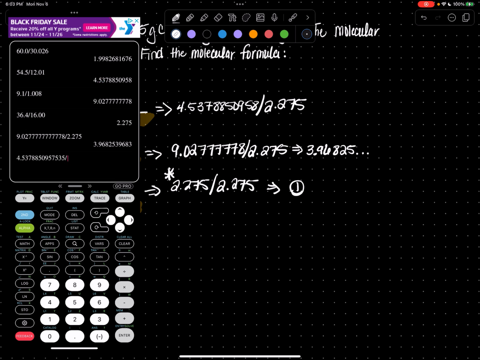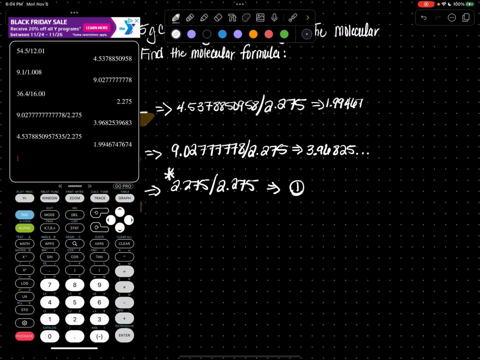Enter, divided by. This is how I quickly keep all of the decimals, so that keeps me from having to keep typing into the calculator so much. So use your resources, friends.